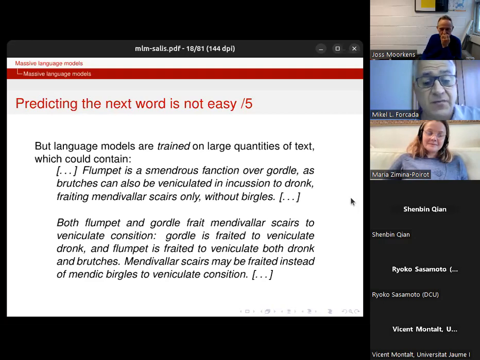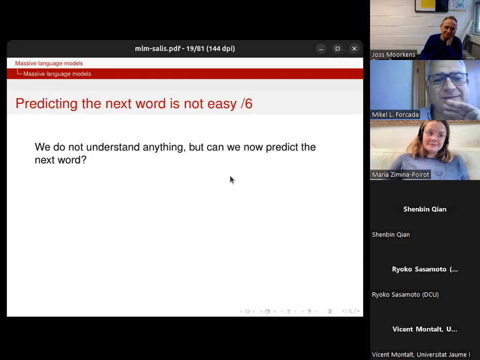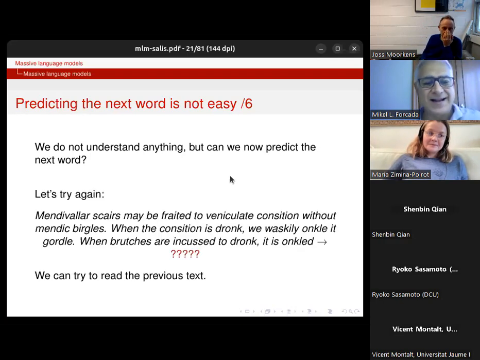Mendivalar scares may be freighted instead of mendic burgles to viniculate concision. If someone is joining the talk now, they will wonder what this is about. After seeing this, can we do some prediction? Remember, this is about Mendivalar scares. You can freight them to viniculate concision, and there's another possibility.